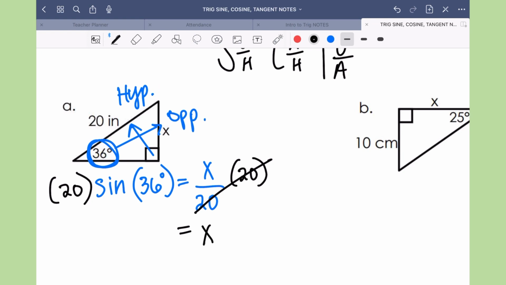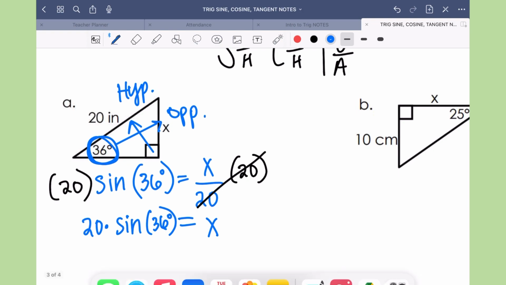So nothing happens on this side. Now it's just x. And then this is the part where we get to have fun with our calculator. So we ended up with 20 times the sine of 36 degrees.